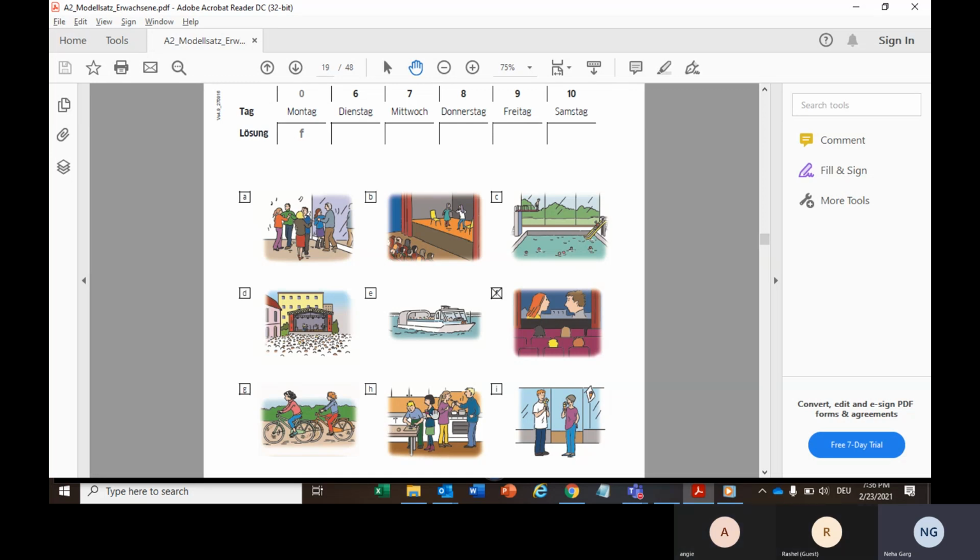But then the male said, don't forget that we have an invitation for cooking and eating at their friend's place. So they should not be full before they go there. So for the third one, Donnerstag, das ist H.